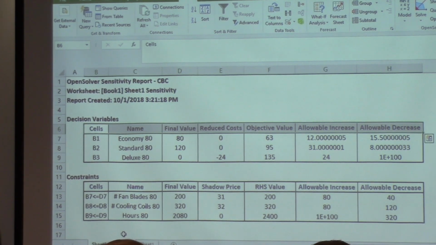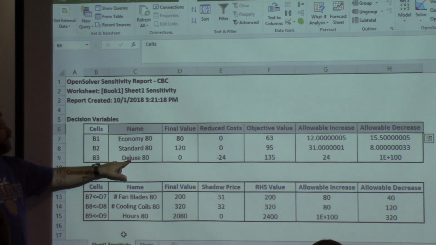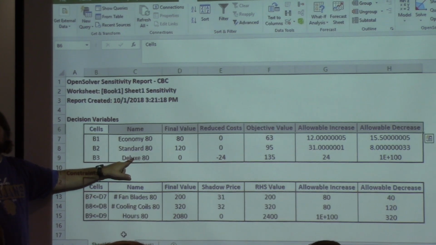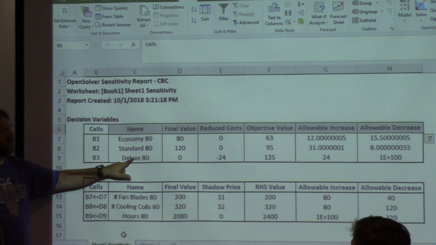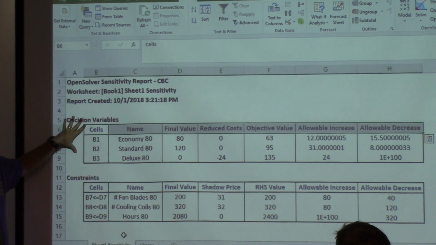All right. And then part D, I think, was what if we were able to profit from our deluxe motors more, right? I forget what the exact was, maybe another $15, $150, okay? We can answer that from this chart right here.